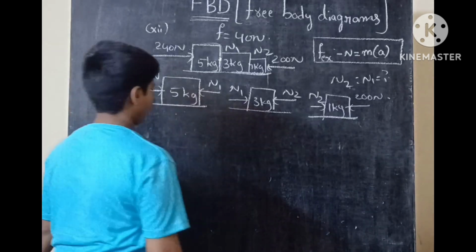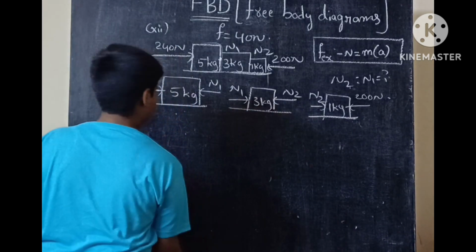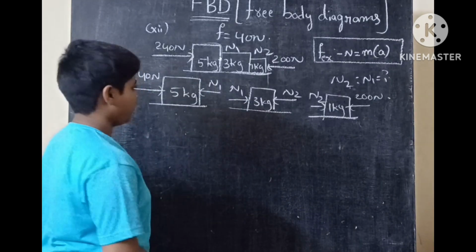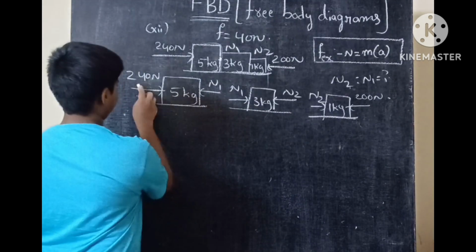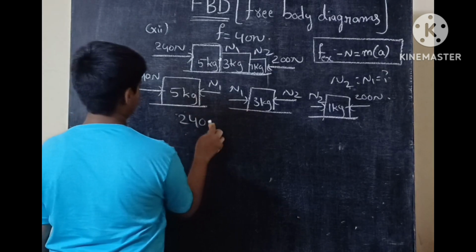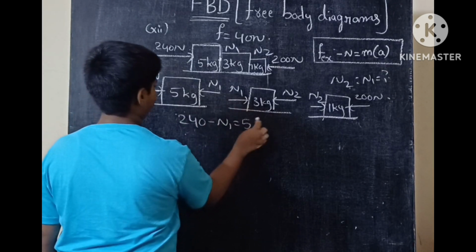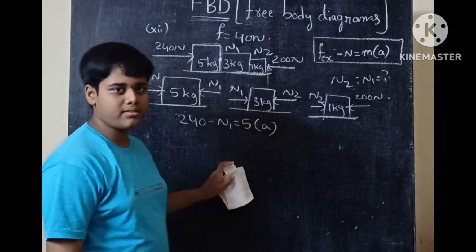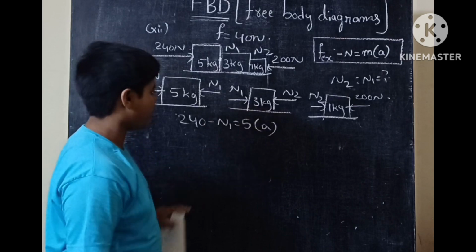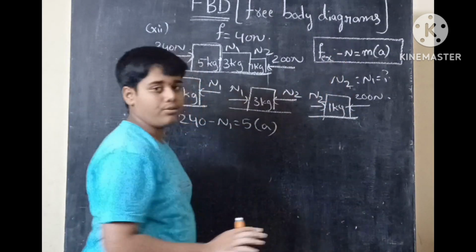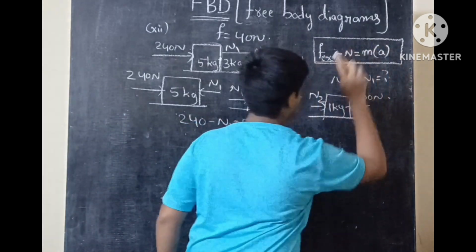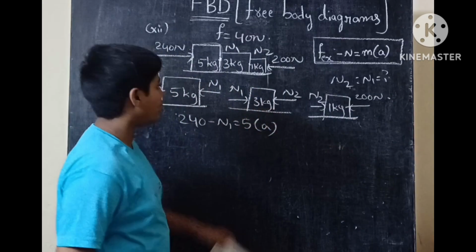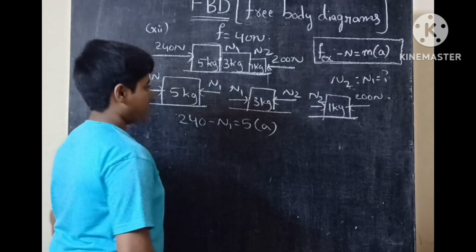Okay. So if we write the FBD equations of these three isolated bodies, here 240 newtons minus N1 is equal to 5 of A. Before writing the FBD equations, don't write them blindly, because we have to know this formula first.